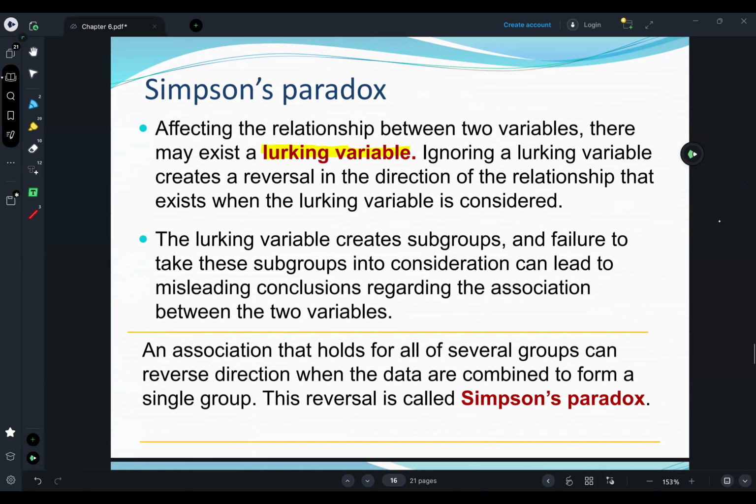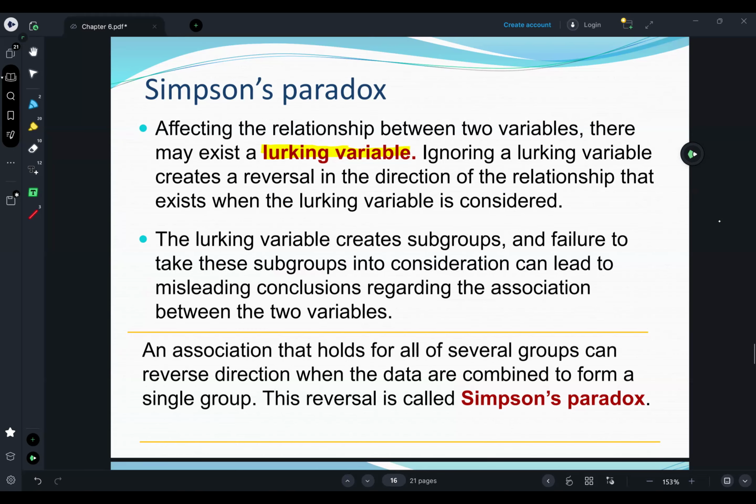So you may think it's one way, and then if you're clever enough and you think, hey, why don't we consider this variable, then we might see a reversal. This actually happened at the University of Berkeley, where they said, hey, how come they're admitting way more males than females?